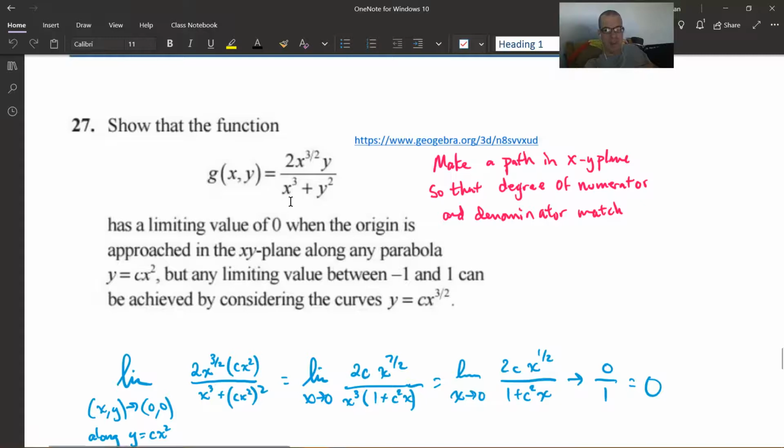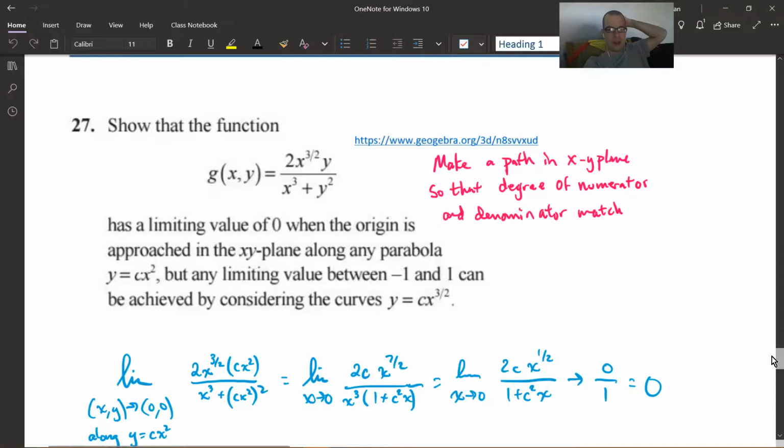And on the bottom, the degree is 3 for x and the degree is 2 for y. So they don't match right now in terms of numerator matching denominator. But you can get some really nice cancellations if you can make a smart substitution so that the numerator and denominator actually end up matching.